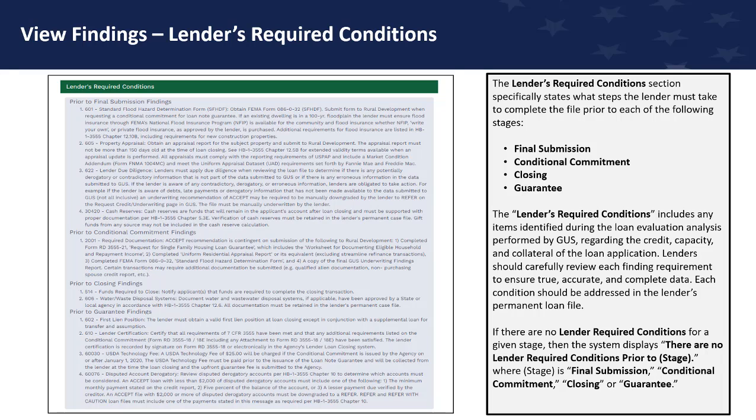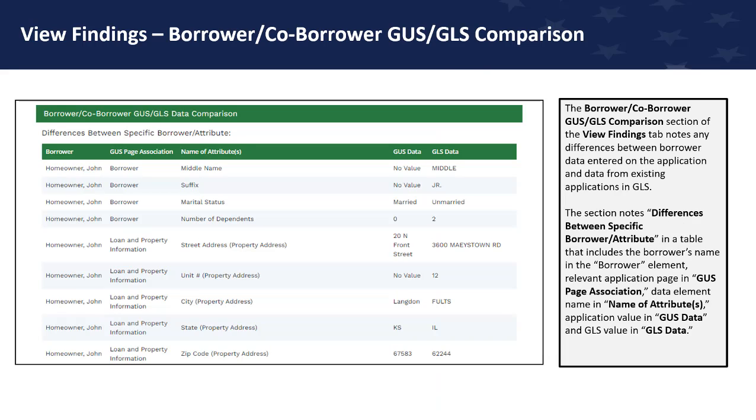Each condition should be addressed in the lender's permanent loan file. If there are no lender-required conditions for a given stage, then the system displays "There are no lender-required conditions prior to stage," where stage is final submission, conditional commitment, closing, or guarantee.